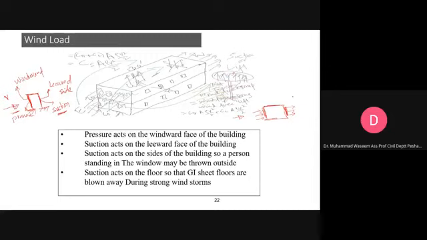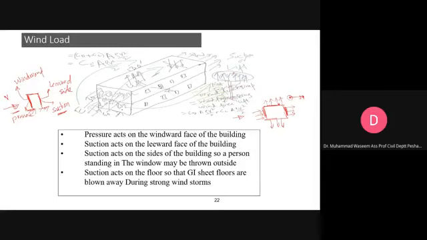Similarly, the sides of the building will also experience suction. Just remember that if you are facing this point, it is pressure, and if you are facing this point, we call it suction.